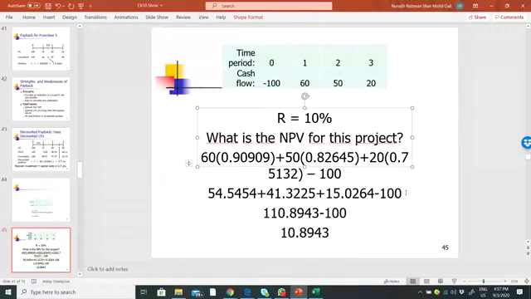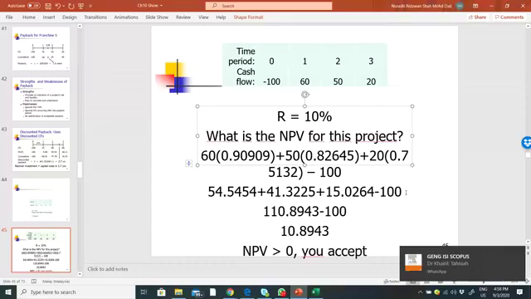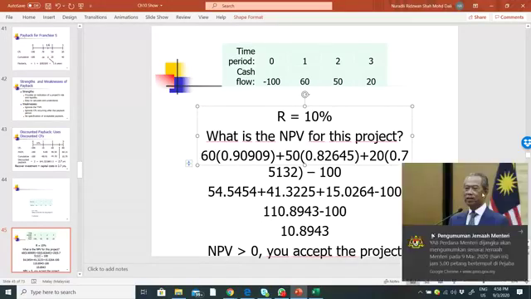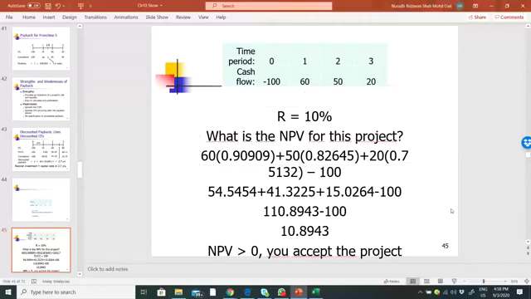So this is positive. So NPV is greater than 0. So you accept the project.